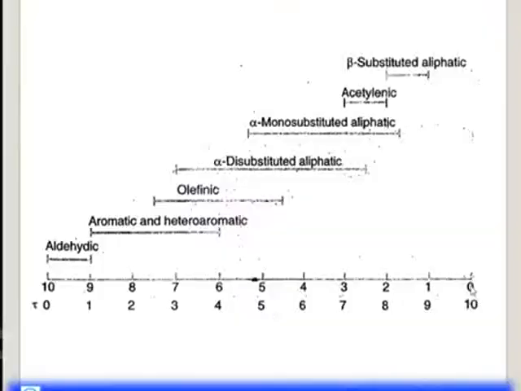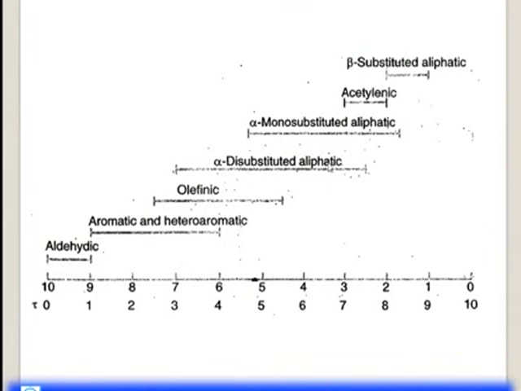And you can see this is the reference point in terms of delta. This value increases from 0, 1, 2, 3, 4 up to 10, and these values, or we can say these values in terms of tau. You can see the ranges also: 10 to 9 aldehydic protons, 9 to 6 aromatic and heteroaromatic protons. For olefinic protons, you can see the values 4.5 to 7.5 approximately.